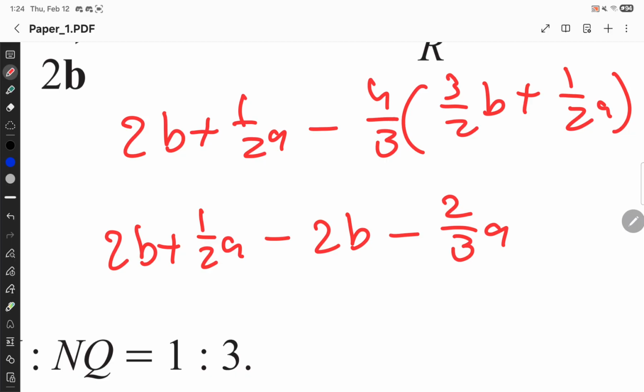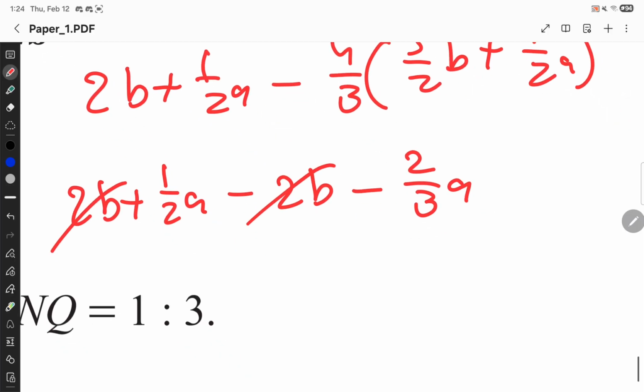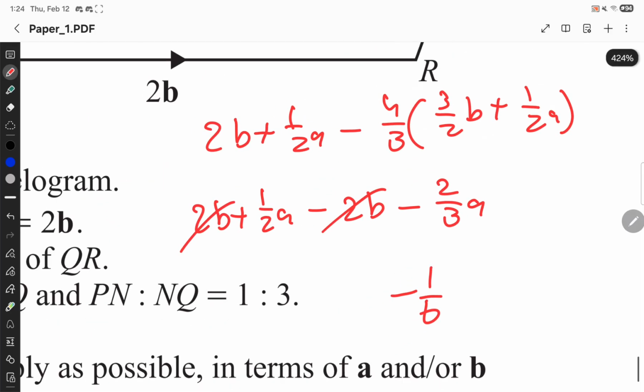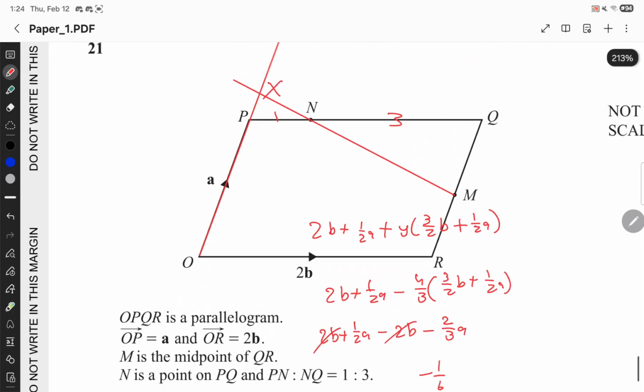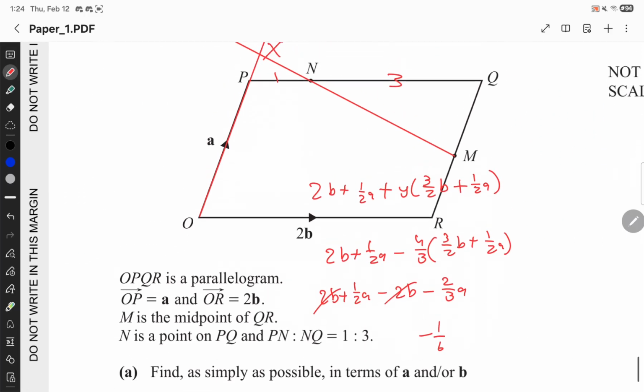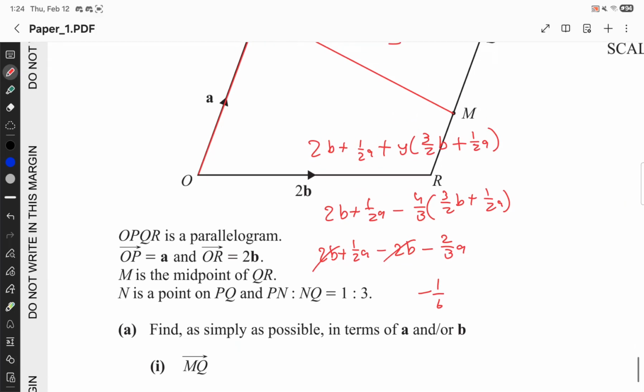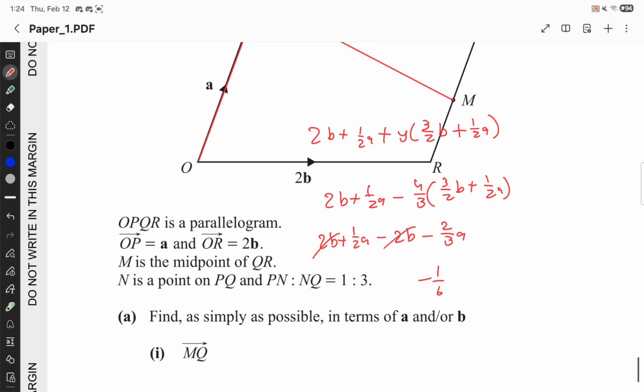Yes, so let's just combine this, and we do a half minus 2 over 3, negative 1 over 6. I think we found xp. We found xp.